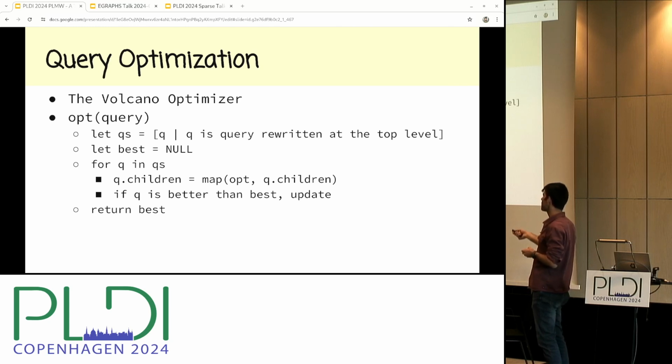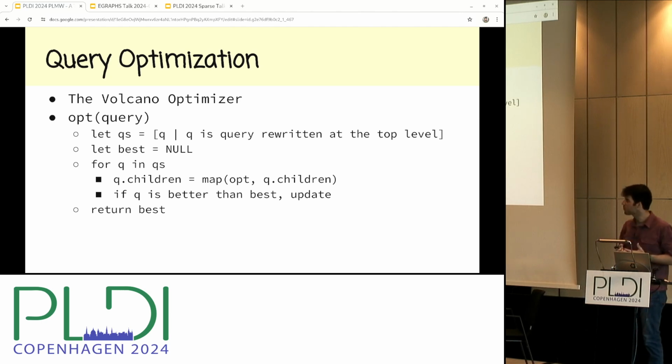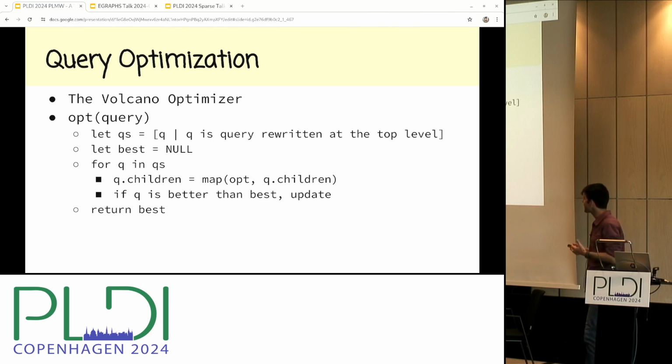And then from here on out, this is just bog standard argmin, right? We're just going to loop over them. We're going to call optimization on the children and take the cost of the resulting query. And if it's better than the best one, update. So this sounds like a really simple algorithm, and I have bulleted it down a little bit here. But this is really the essence of the Volcano system, more or less modulo a couple optimizations.